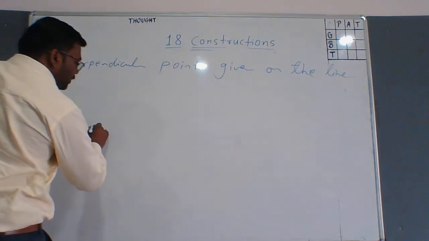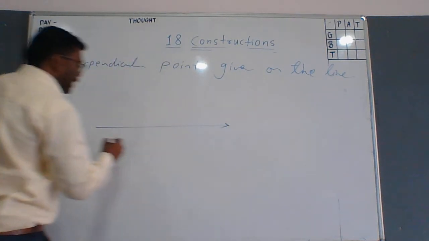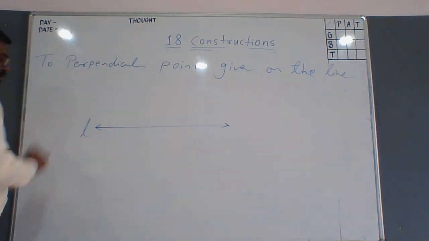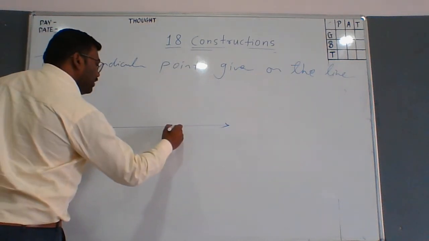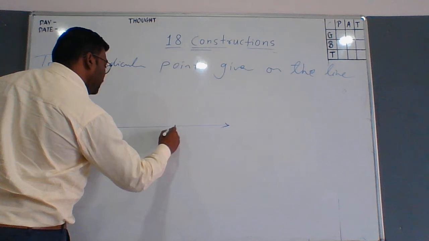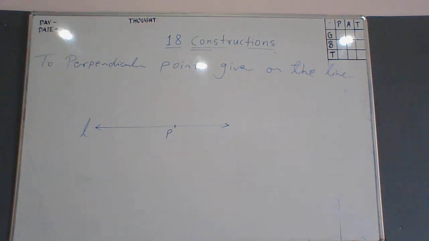That means what? This is the line L. Okay. And on the line L, anywhere, suppose the point P is given to us. Point P is on the line and we want to construct the perpendicular from the point P, which is on the line.